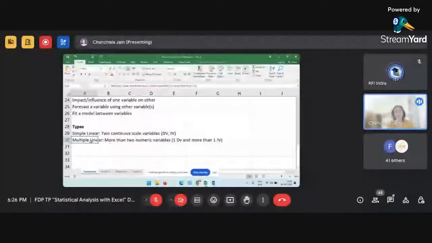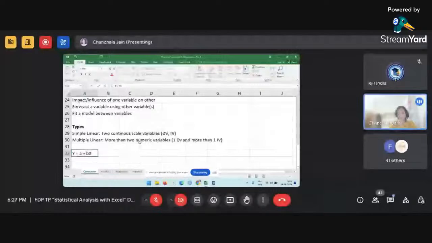Now, as I said, you can fit a line using regression, or you can fit a model. Generally the name is linear, so this is the straight line equation. I think in school mathematics we have all studied this equation, which is y equals a plus bx. Y is your dependent variable or response variable.